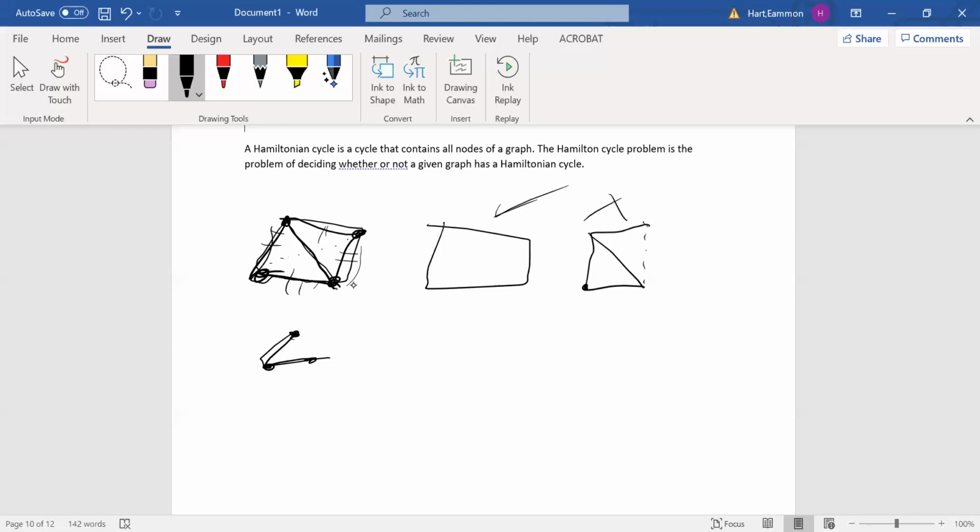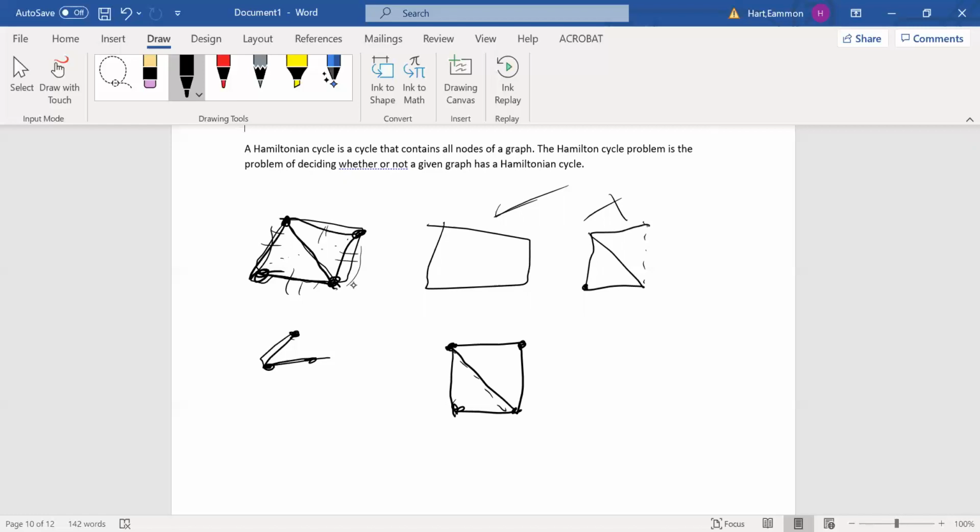A Hamiltonian path hits every single node once. A Hamiltonian cycle hits the start node twice because it starts and ends there. So if I wanted a Hamiltonian path but not a Hamiltonian cycle on that above graph, I would just do 1, 2, 3, and then stop before I go back and complete the loop.